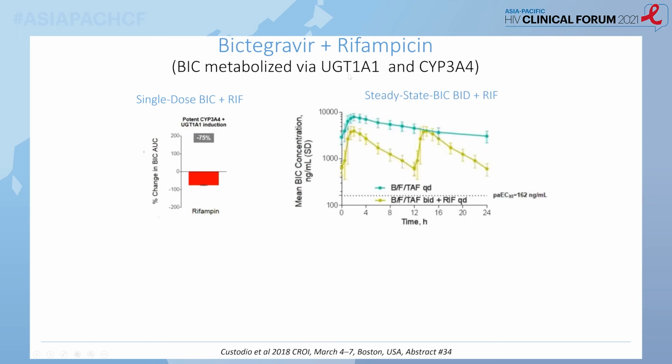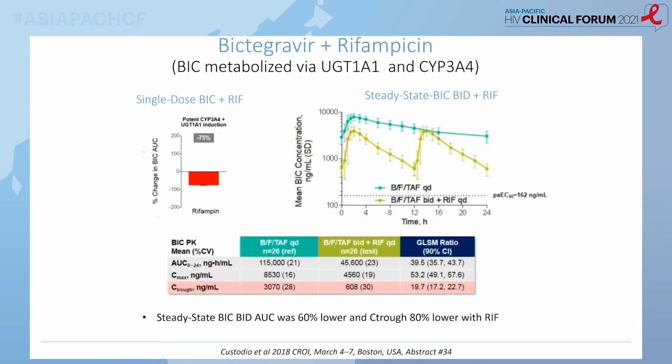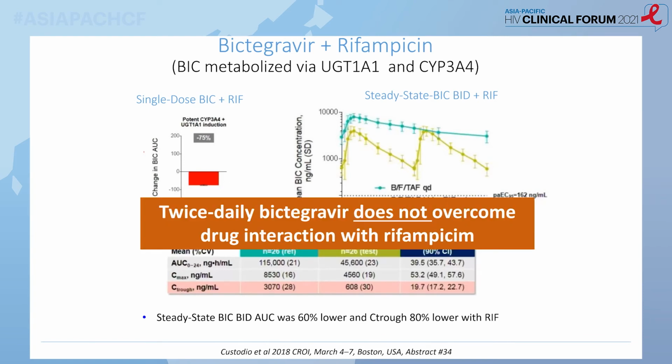But in this instance, despite the fact that they're metabolized by the same enzymes, here you can see that they don't overlap. So just increasing the dose to twice daily versus once daily was not sufficient to overcome the interaction. Twice daily bictegravir did not overcome the drug interaction with rifampicin.